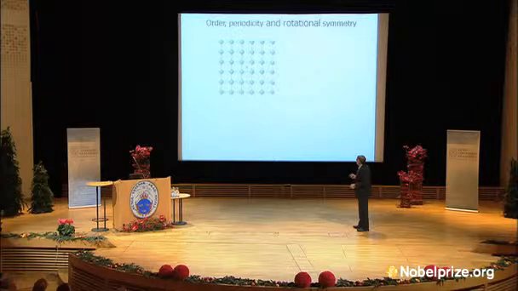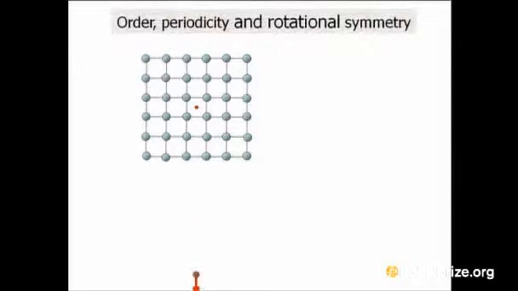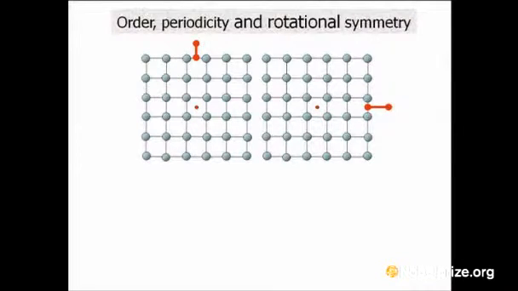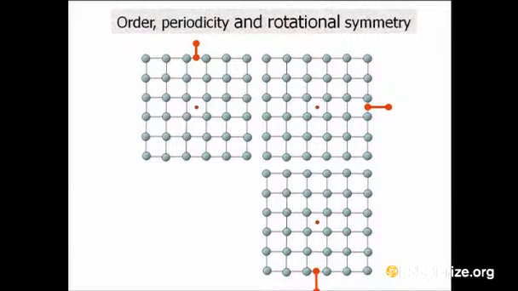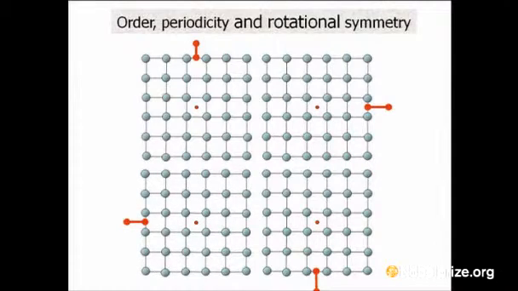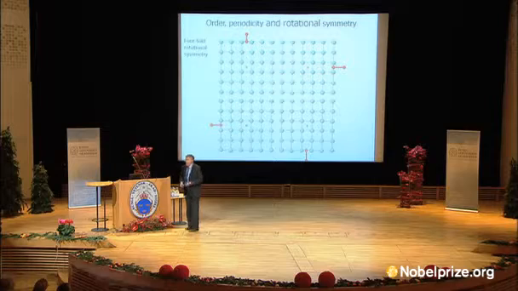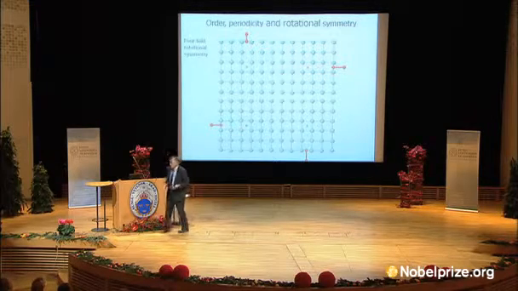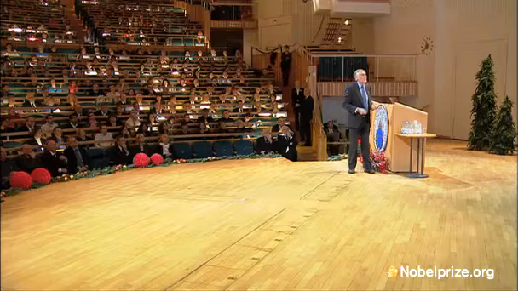In order for you to see that it looks the same, let's add a little handle here, and then rotate it 90 degrees and 90 degrees more. And finally, it repeats itself. So this type of crystal will have a 4-fold rotational symmetry. This is a periodic, ordered crystal that has a 4-fold rotational symmetry.